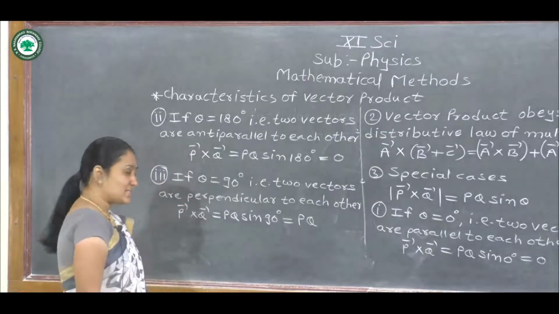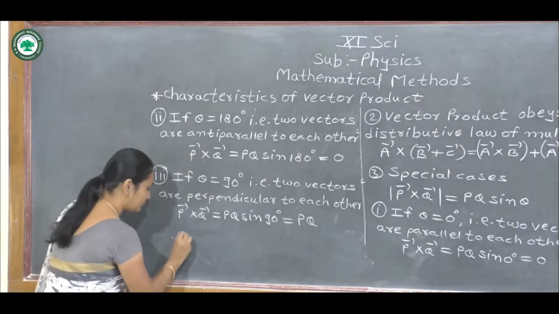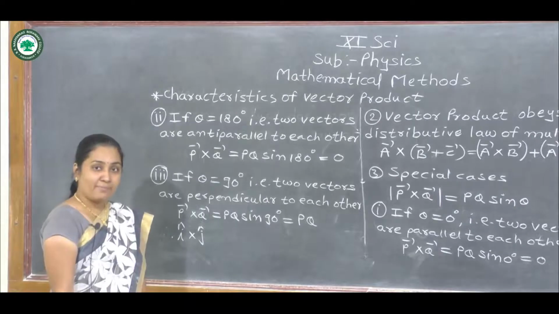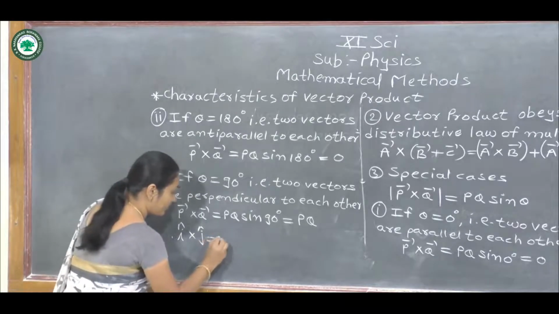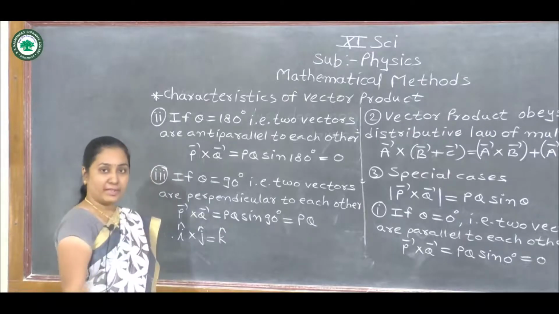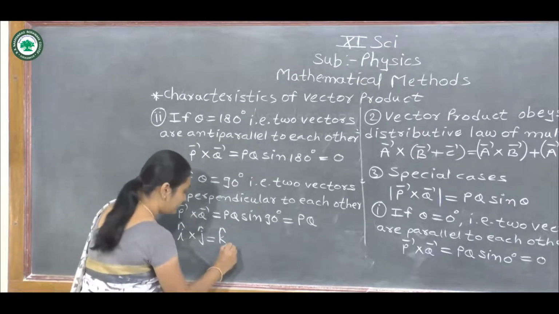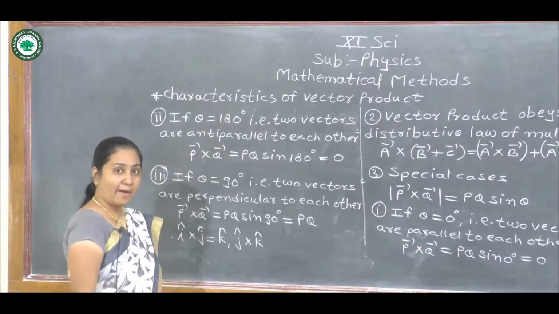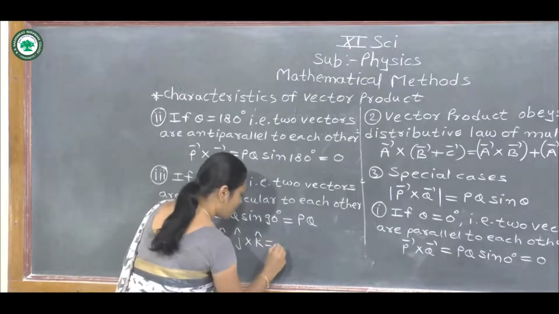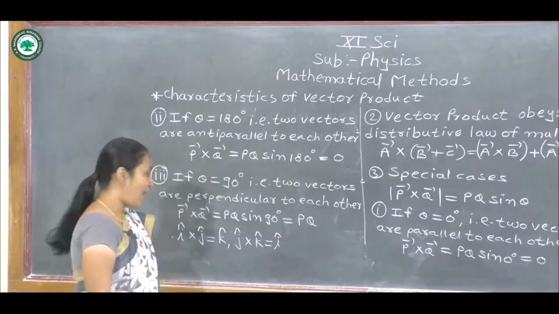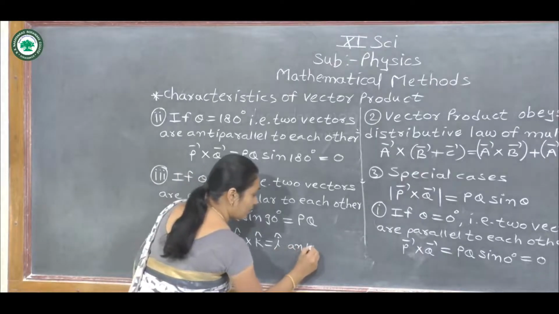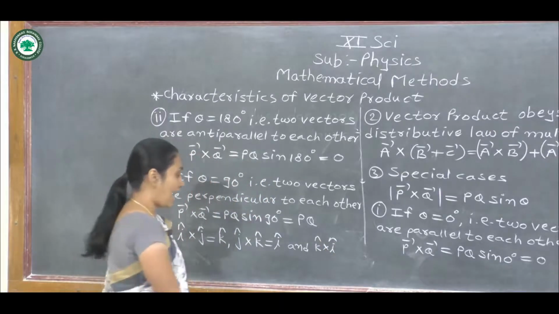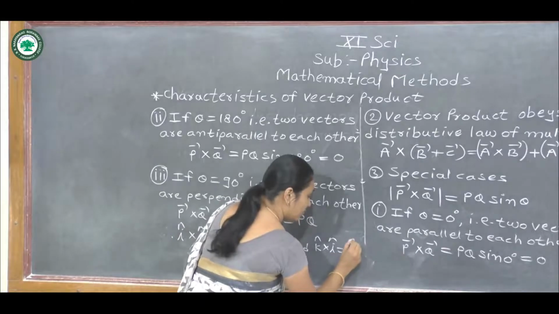So from this we can say that, therefore, unit vectors i cap cross j cap is equal to k cap, then j cap cross k cap is equal to i cap, and k cap cross i cap is equal to j cap.